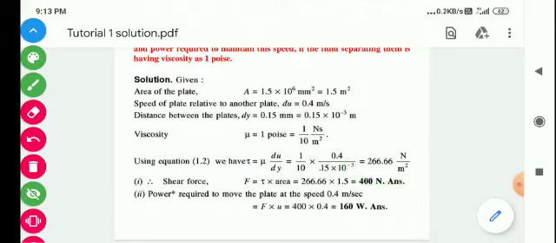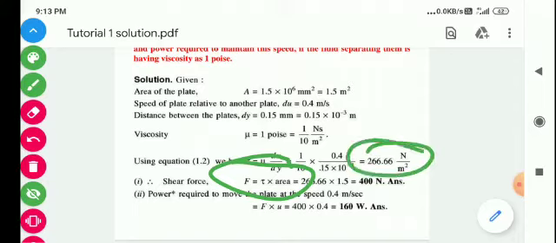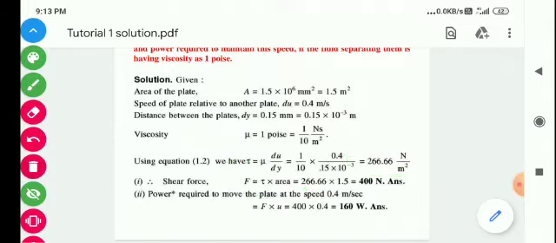Now the shear force, what is shear stress? Shear stress is force per unit area. So the shear force will be equal to shear stress multiplied by area. And the shear stress we already calculated, and area is given in the problem.